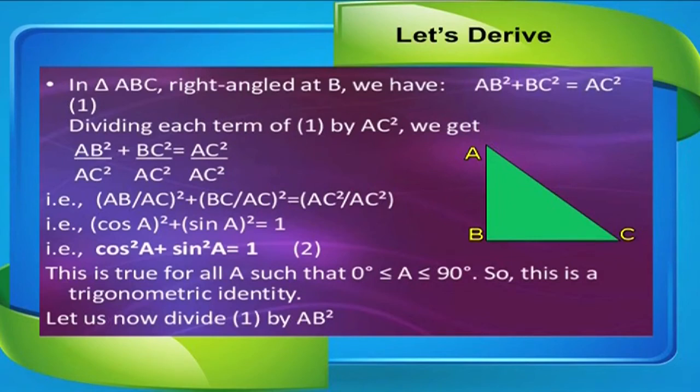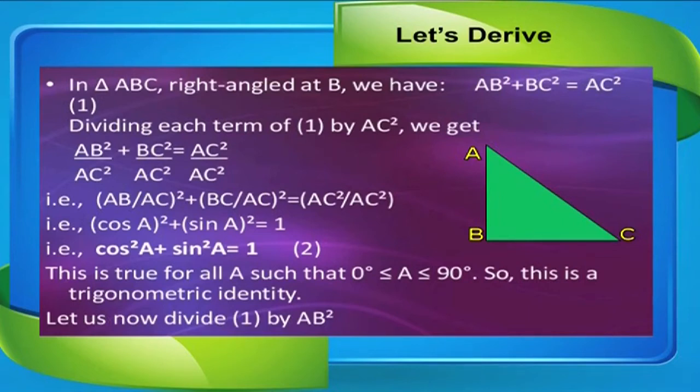That is, AB upon AC gives us cos A whole square, BC upon AC gives us sin A whole square, and AC square upon AC square gives us 1. So we have the identity cos square A plus sin square A is equal to 1.